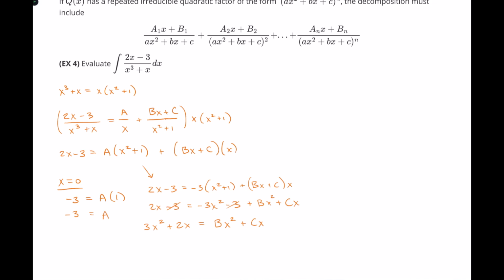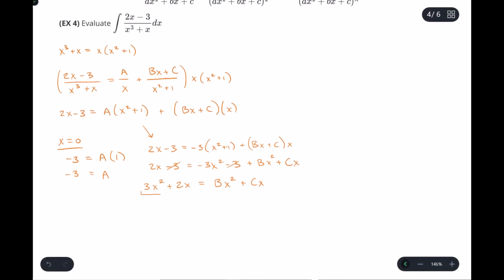But here's another thing, and this was that other method that I talked about at the very beginning, called the method of equated coefficients. The idea here is, in order for these two polynomials to be equal, the only way that they're going to be equal is if, because they're the same degree, their coefficients are equal. So, for instance, the coefficients have to match in the x squared term.